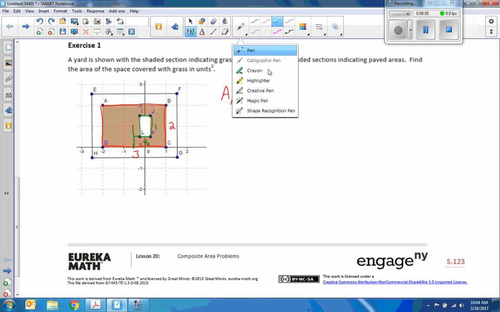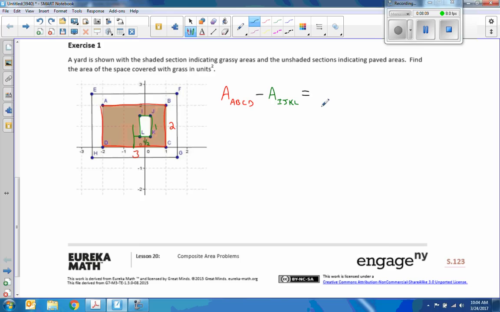And that is going to equal the area we're looking for, which is the area of the grassy region. Okay? So now that I've written my setup, now I've got to fill in my formula and use my values that I have labeled.